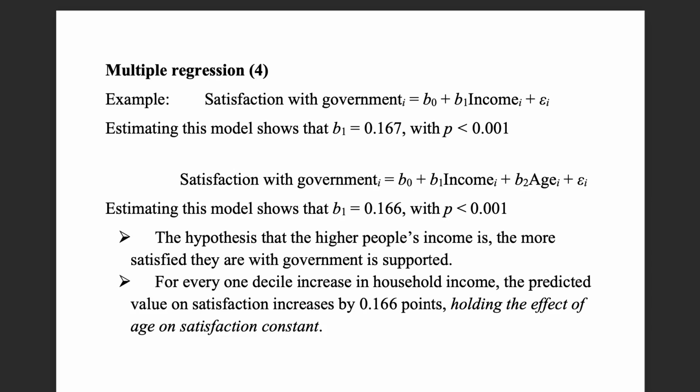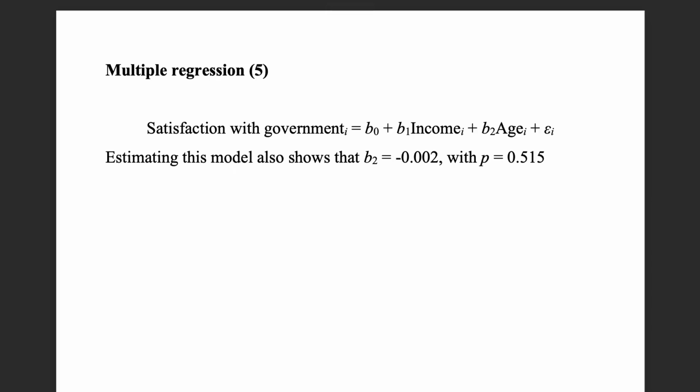Of course, we also have a second coefficient now in our model, so age, which we just said, well, we don't have a hypothesis about that, it's just a control variable. But we will find a coefficient for that, so if you would want to interpret that, well, in this case, I found a negative coefficient for age, minus 0.002, and I found a p-value of 0.515.